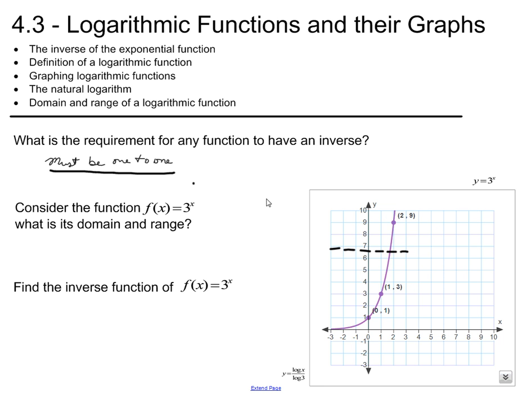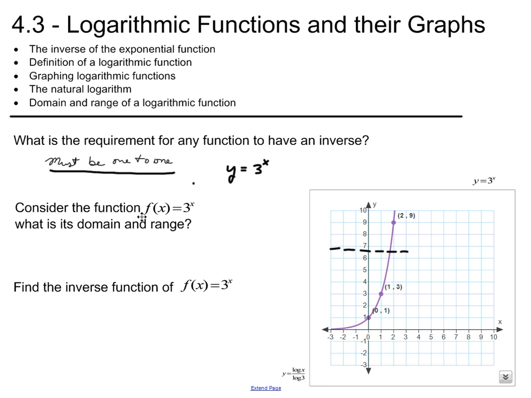So this particular function, y equals 3 to the x, is a perfect example of a one-to-one function, because for any one value of x that I substitute into the function, I get one and only one value of y. Raising 3 to the first power only gives me positive 3, and can only give me positive 3, and that's true for all of my values of x and y.